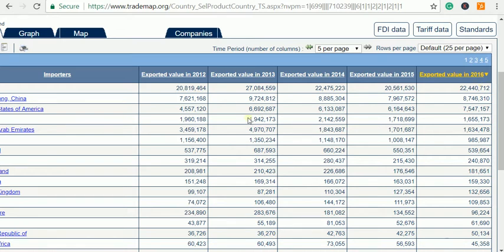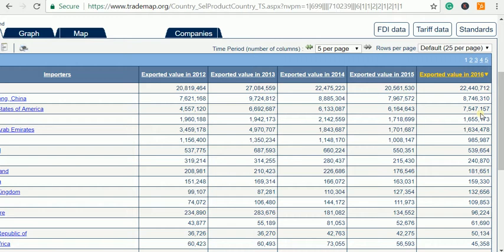So if we see the values, for example, United States of America, here it registers a growth. In this case it is growth in the export value, but it doesn't apply to the quantity. For example, the price of a diamond could have increased or reduced irrespective of the quantity exported.